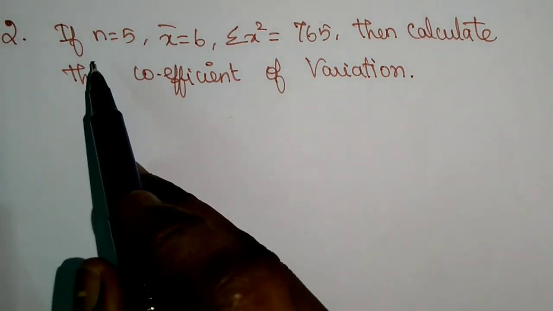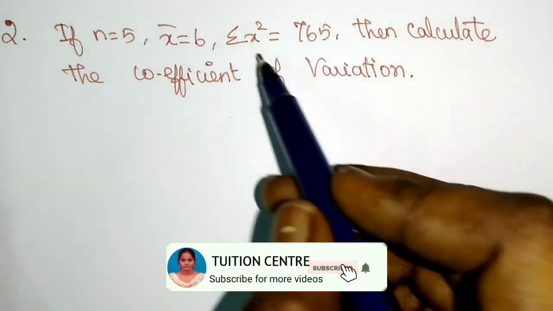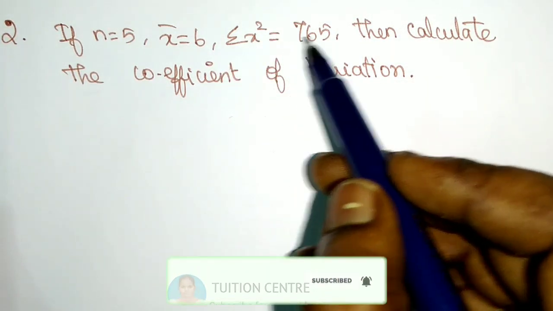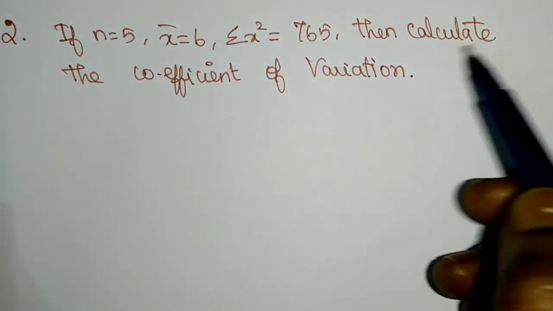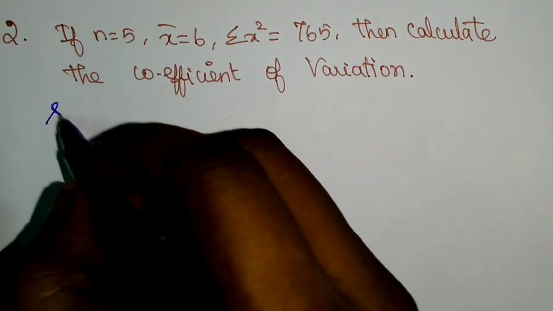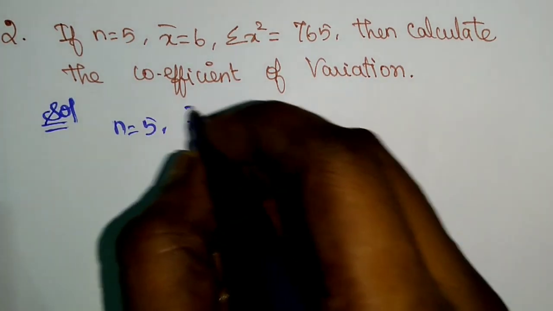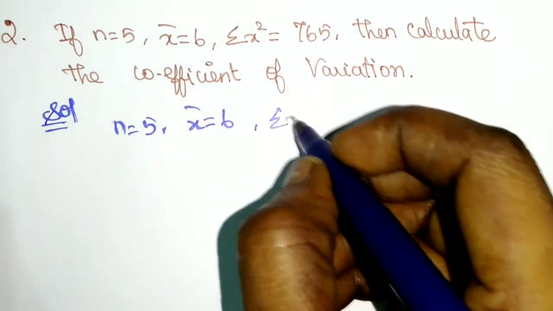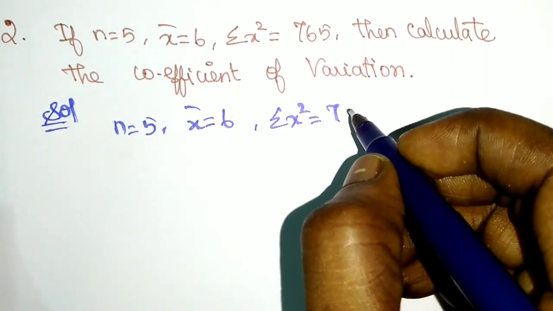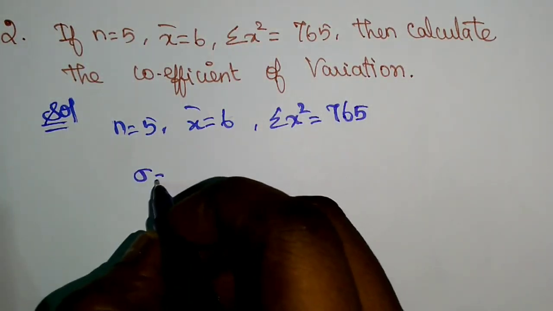Second problem: if n is equal to 5, x bar is equal to 6, summation x square is equal to 765, then calculate the coefficient of variation. Here given n is equal to 5, x bar is equal to 6, summation x square is equal to 765. We have to find sigma.